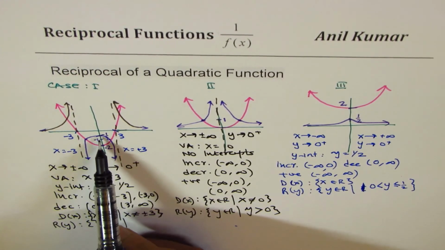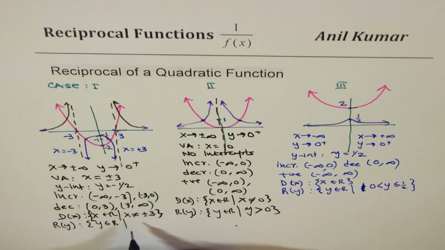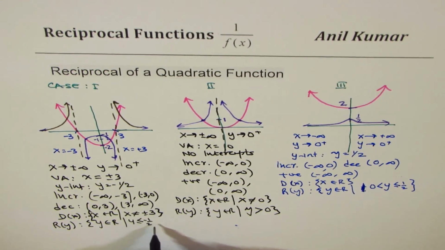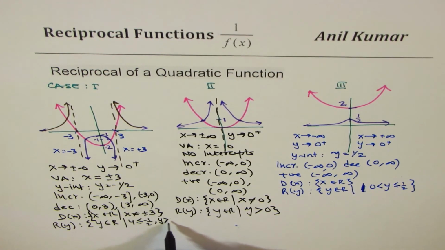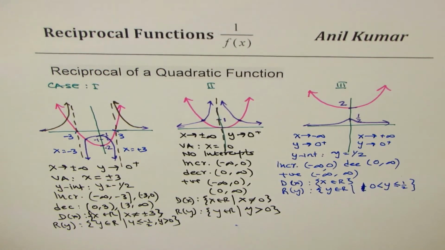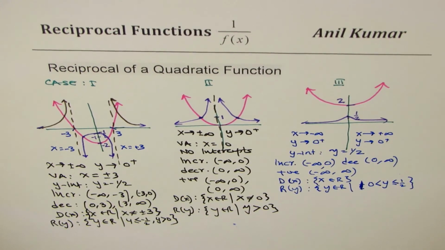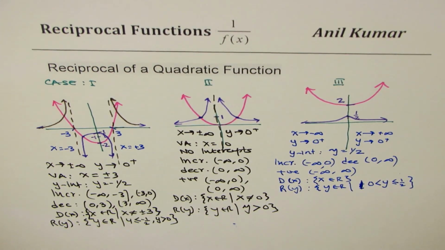Now this point is minus half, so y is less than or equal to minus half, and also y is greater than 0. So that becomes the range for this particular function. So I hope with this you understand how to describe, sketch, and understand reciprocals of linear and quadratic functions.